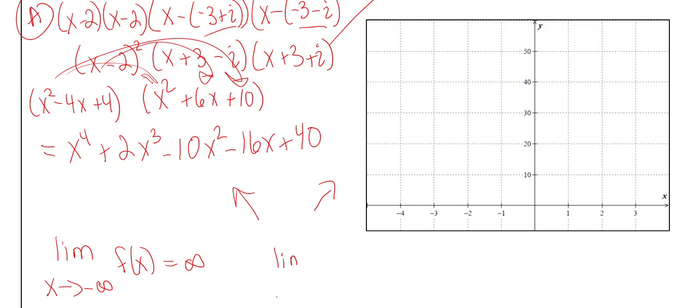But as the x values approach to the right, that's what this is saying, as this is approaching the right, the y values are going up. So that's kind of talking about what's happening with the end behavior.